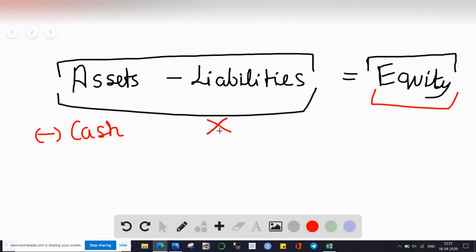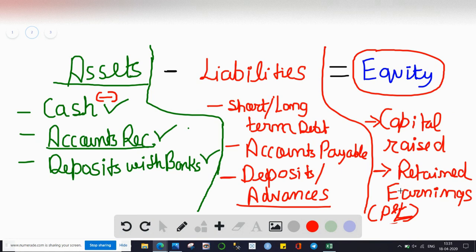But in the current case, it will not be a liability. So where will the effect go? The effect will go to the equity part, most specifically related to the P&L part. And how the P&L part, I will explain to you.